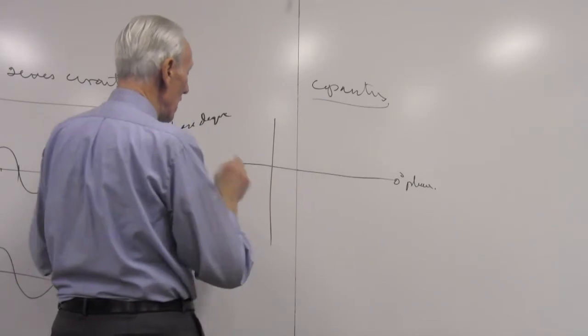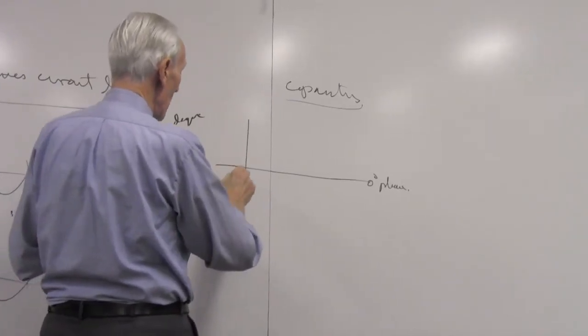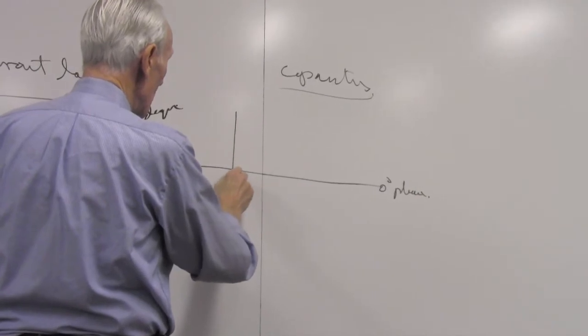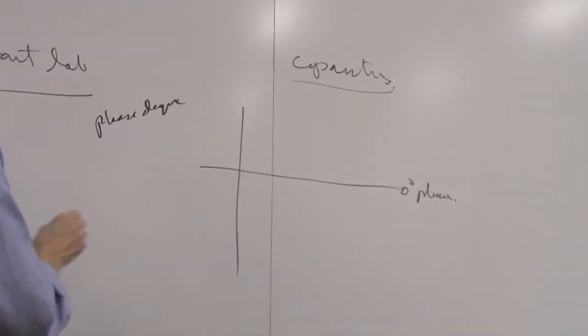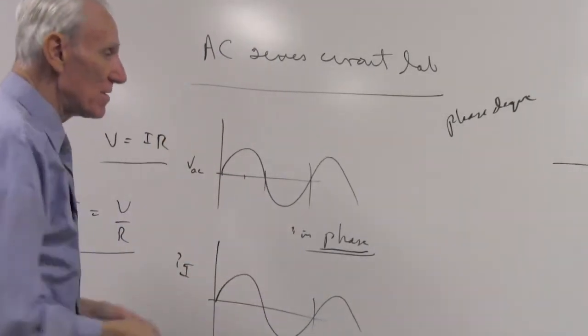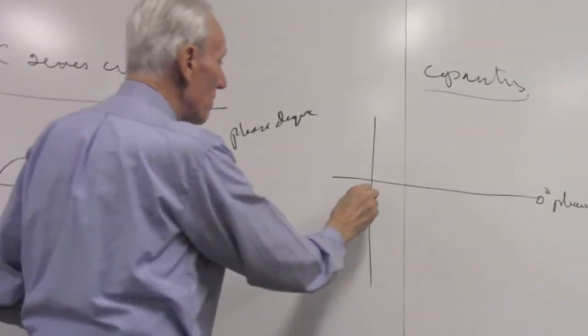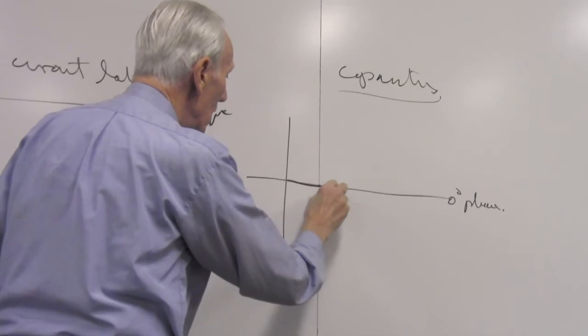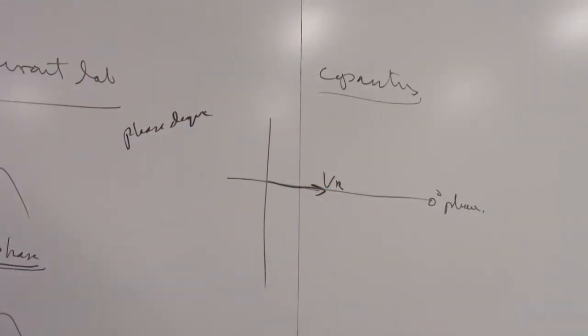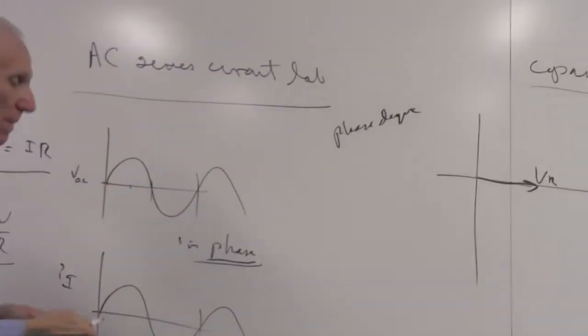When I plot the voltage across the resistor, there is no difference between the voltage across the resistor and the voltage being applied to the circuit, because they're in phase. And so I would plot that voltage in this direction. There's no phase difference between the voltage and the current in a resistor.